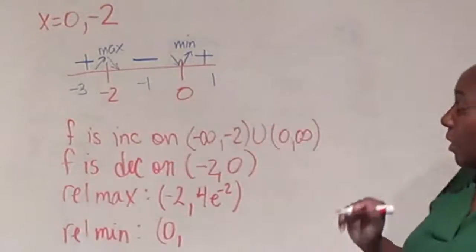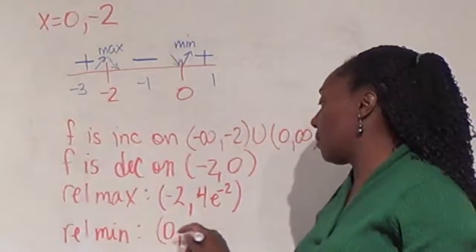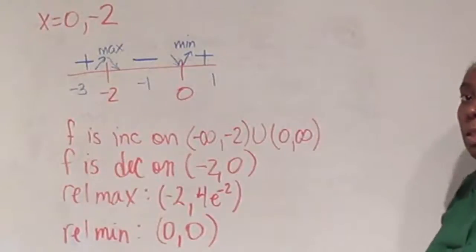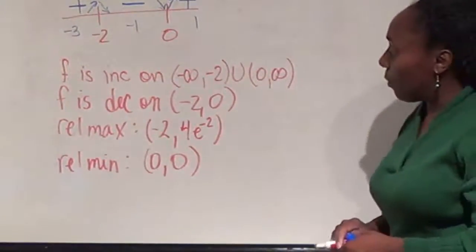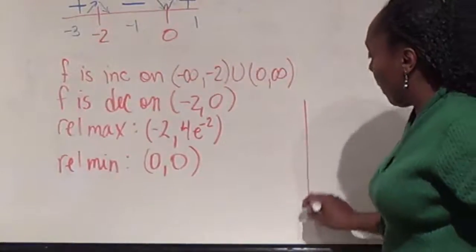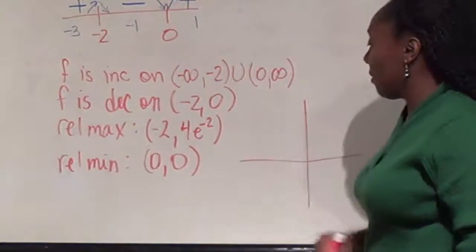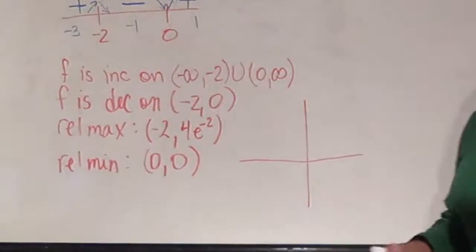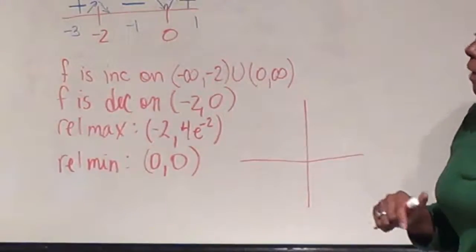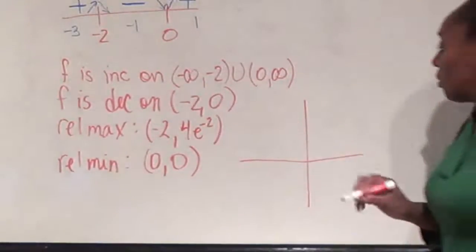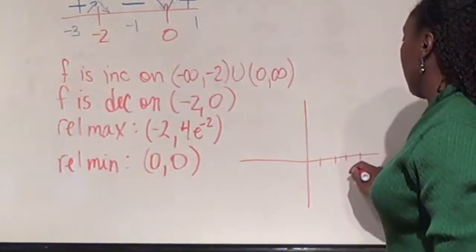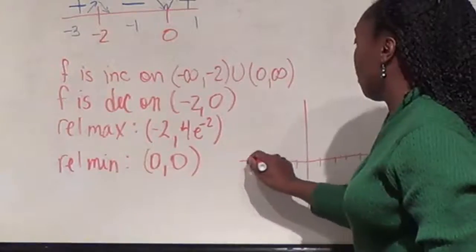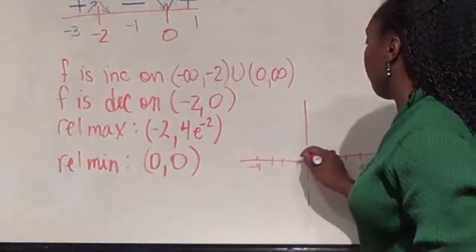And when we plug back into our f equation, we get the point 0, 0. So with this information, again, we can get a sketch of the graph. Sketch, again, not exact. We can go back and find intercepts if we need to, or get more information. But this will give us an accurate picture of what the graph looks like.